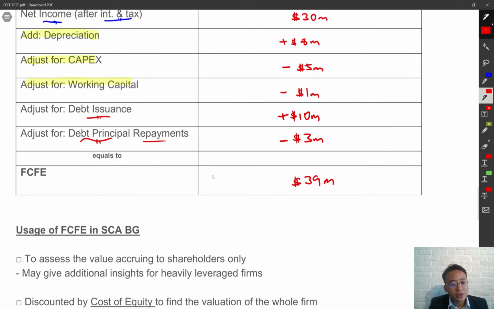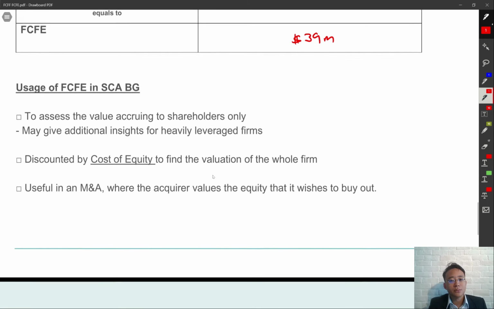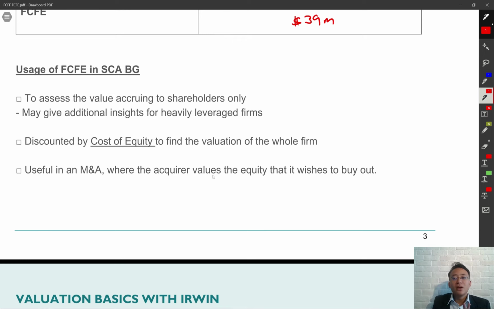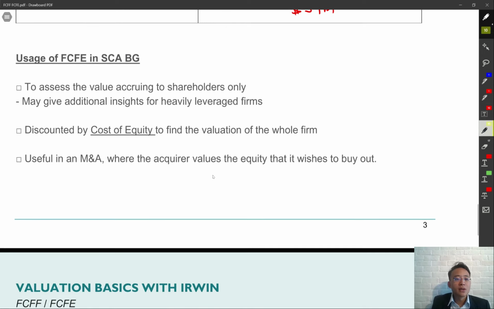So what is the usage of FCFE? The usage of FCFE in our module is to assess the value accruing to shareholders only. This is useful if I wish to see, as an investor or a shareholder, how much money comes to me. It also gives us additional insights for heavily leveraged firms.